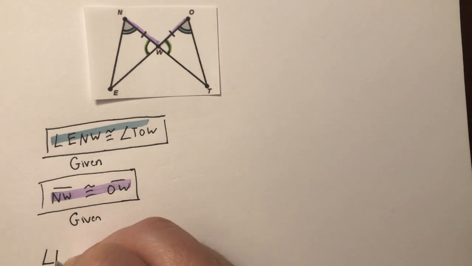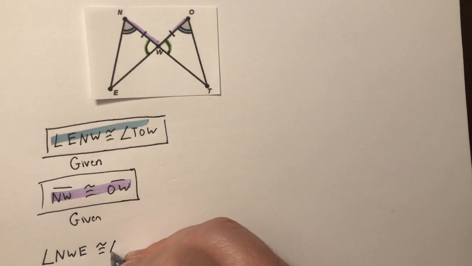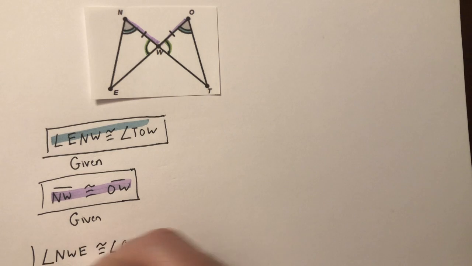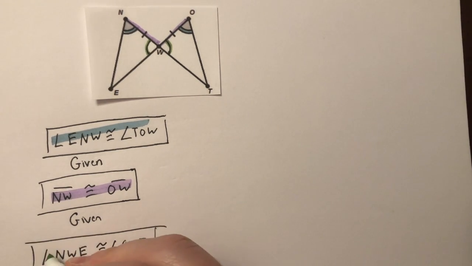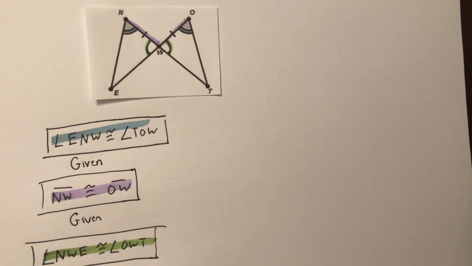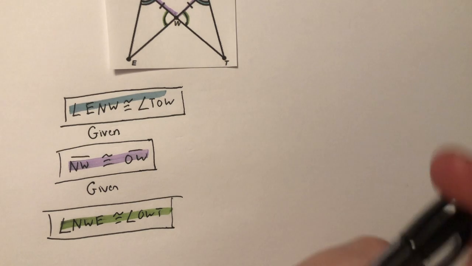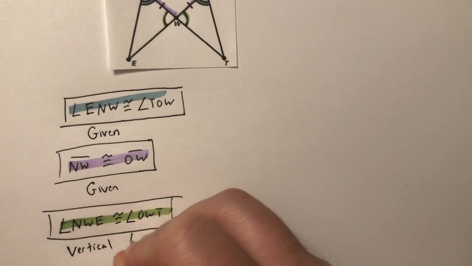So you have angle NWE is congruent to angle OWT. Why are these two angles congruent? It's because they are vertical angles.